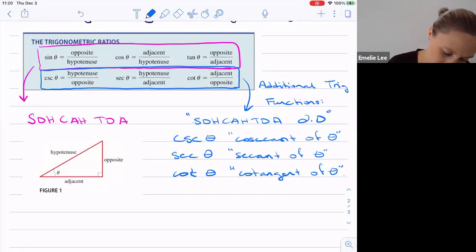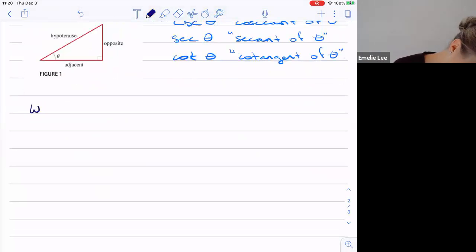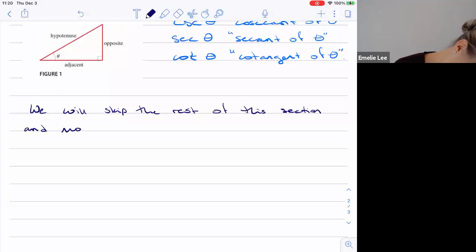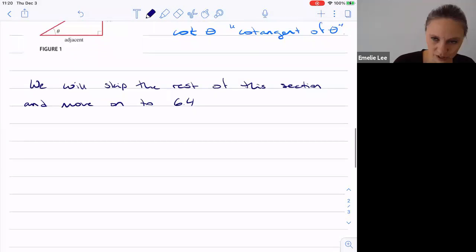So we will skip the rest of this section and move on to 6.4, which is inverse trig.